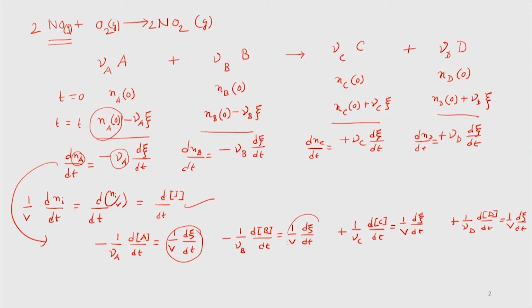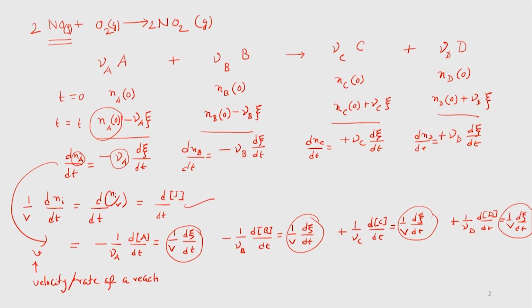Now, we see a very beautiful thing: all these equations are equal to the same value, which is the advancement of the reaction per unit volume, that we call the velocity of the reaction or the rate of the reaction.